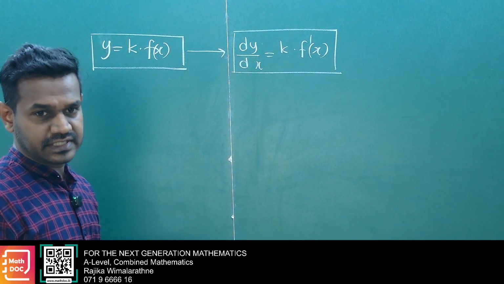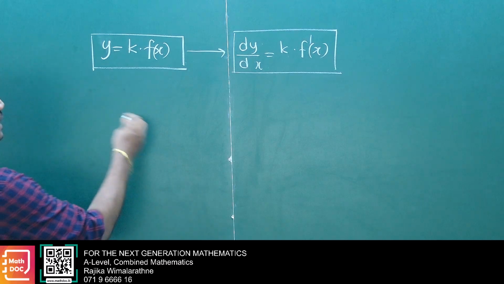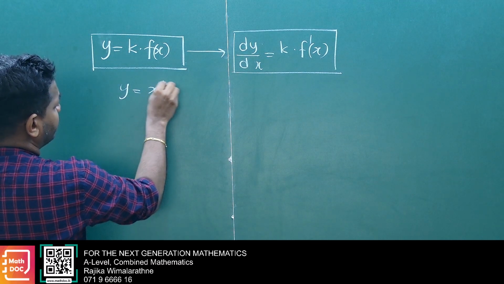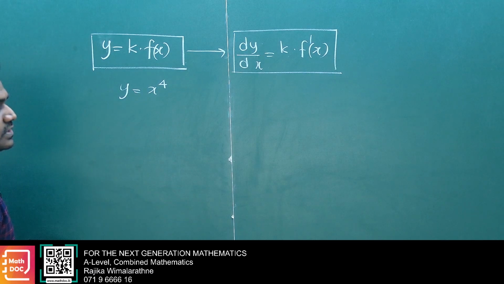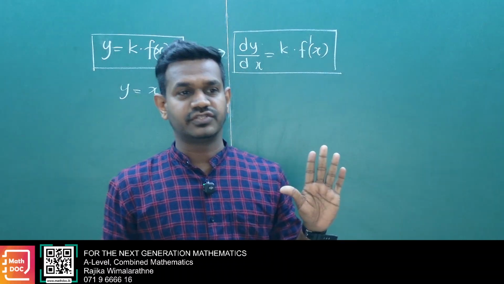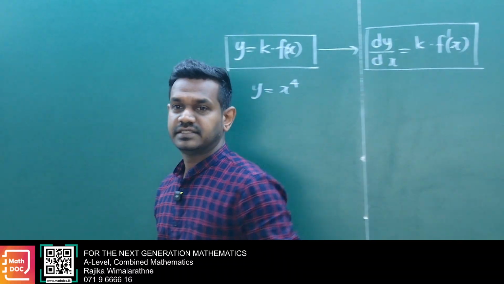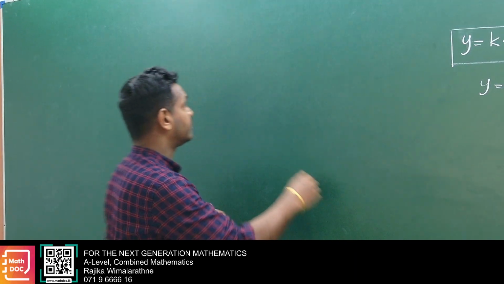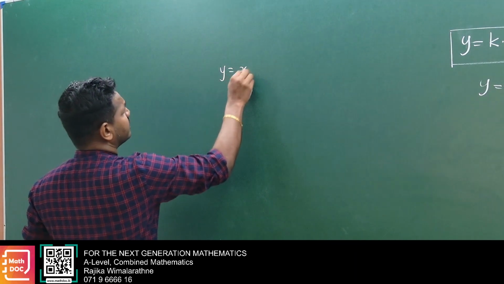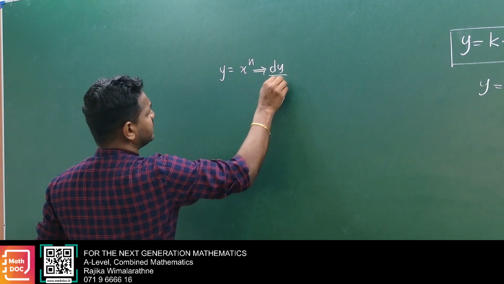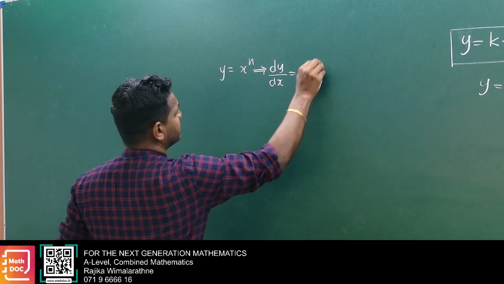As an example, consider y equals x to the power 4. Last day I told you about the special function type y equals x to the power n. You have to remember here that dy by dx equals n x to the power n minus 1.